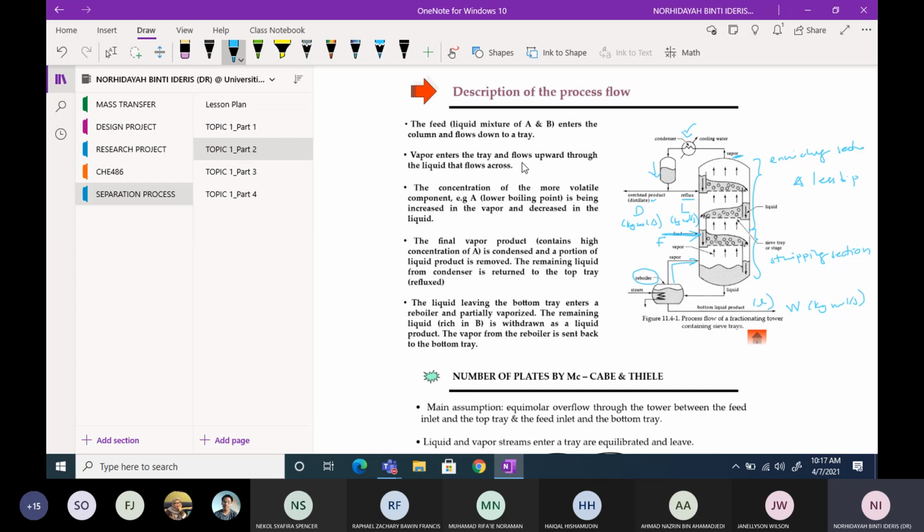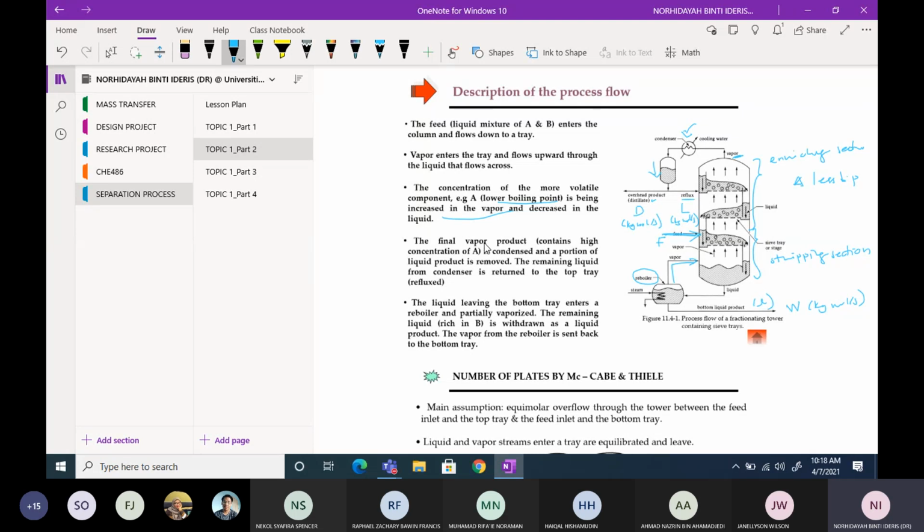So if you read here, the feed liquid mixture of A and B enters the column and flows down to a tray. Vapor enters the tray and flows upwards. The concentration of the more volatile component, with the lower boiling point, is increased in the vapor. As I said before, the component with the lower boiling point will change to vapor and become vapor-rich and go to the top.